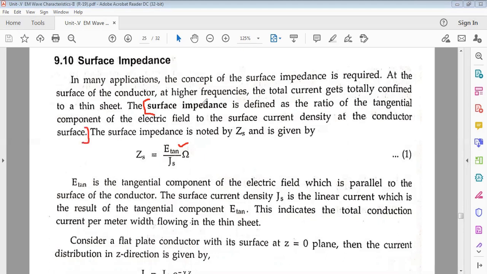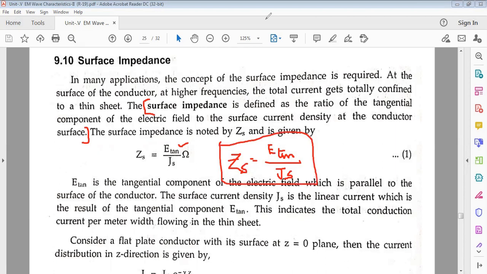Okay. The surface impedance is defined as the ratio of the tangential component of electric field E_tan to the surface current density Js at the conductor surface. The surface impedance is denoted as Zs. Impedance is nothing but Z only. The surface impedance Zs is equal to E_tan by Js.